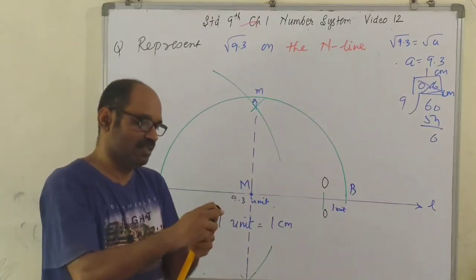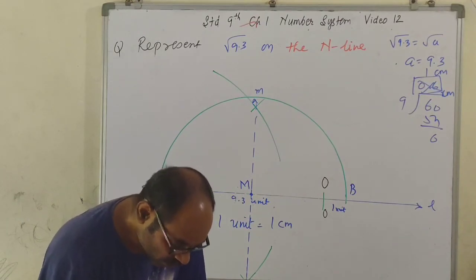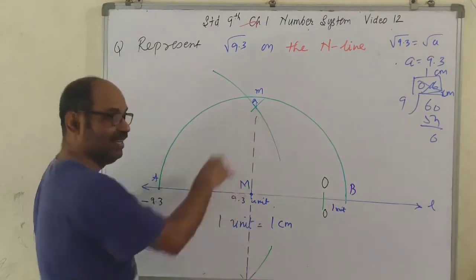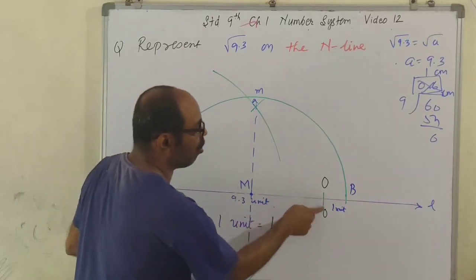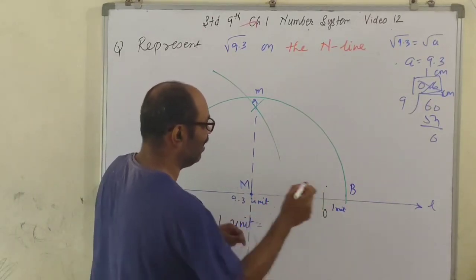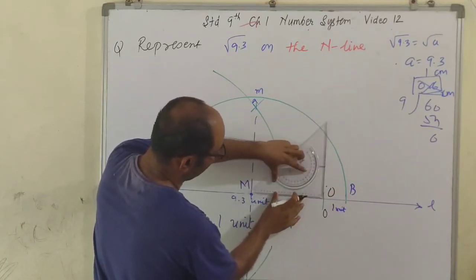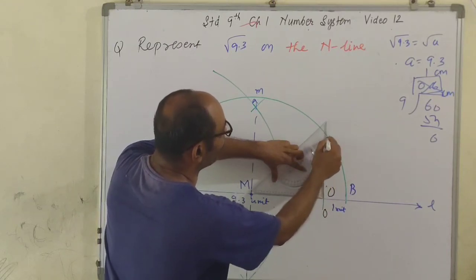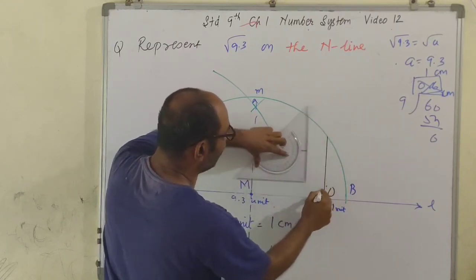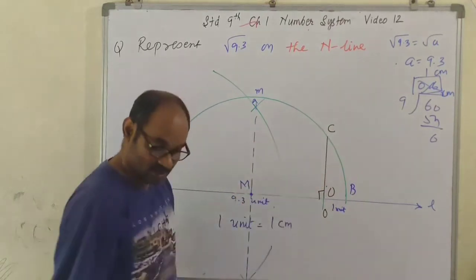Difficult here to use this. Fine. So you got that? Circle. Now at O you have to draw perpendicular. And for that I'll use a set square. Alright. It should intersect the circle. And here it intersects right angle. And this point is C.